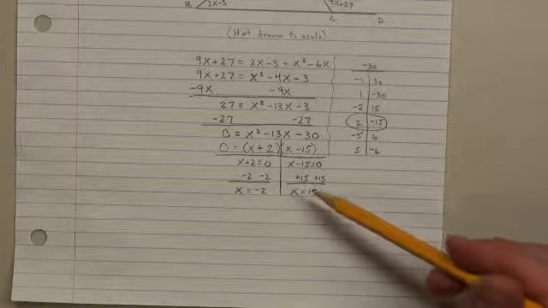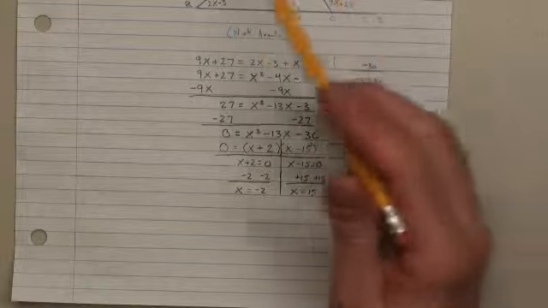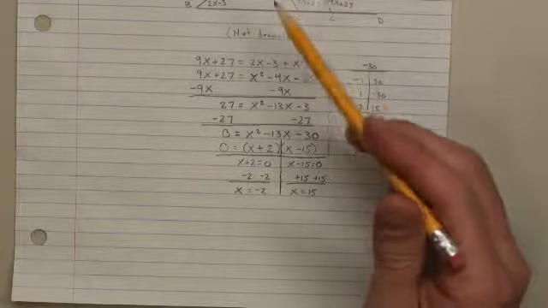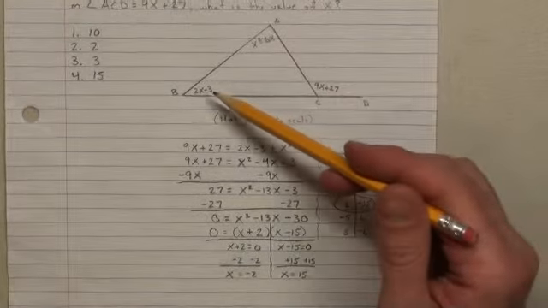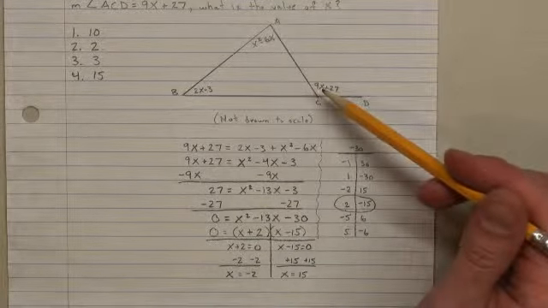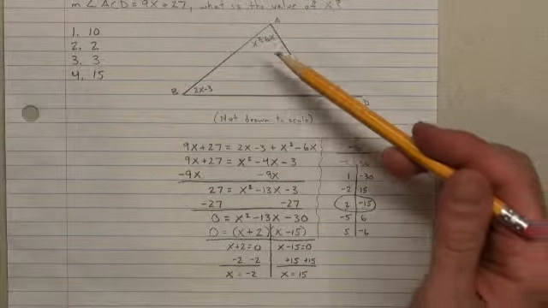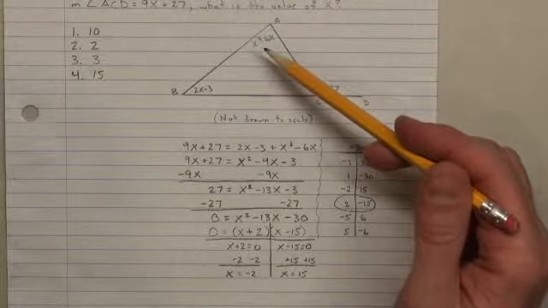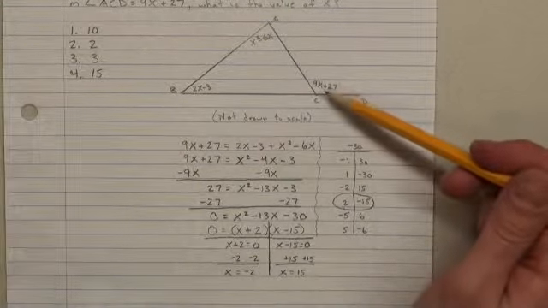Alright, now since we're working with sides here, okay, if I plugged in a negative 2, see these values represent the sides of, angles. Okay? And when we work with angles and triangles, they're positive angles.